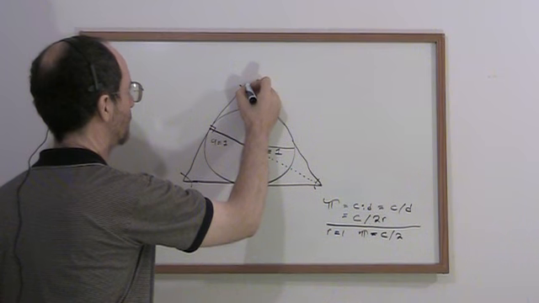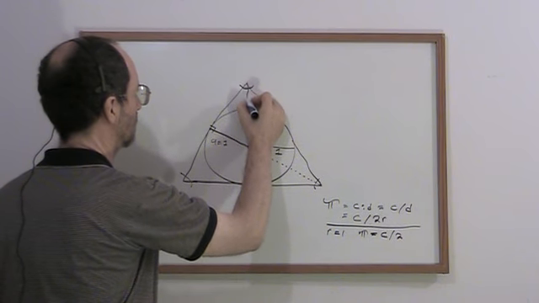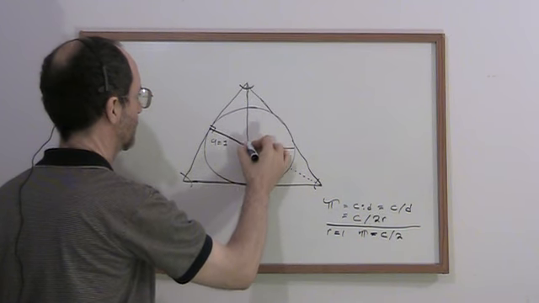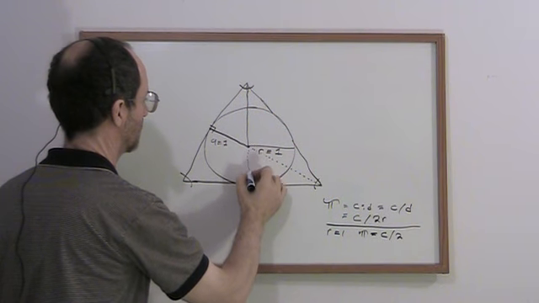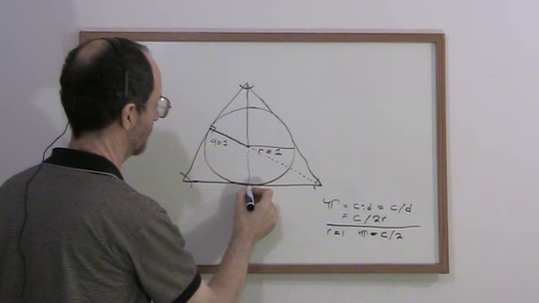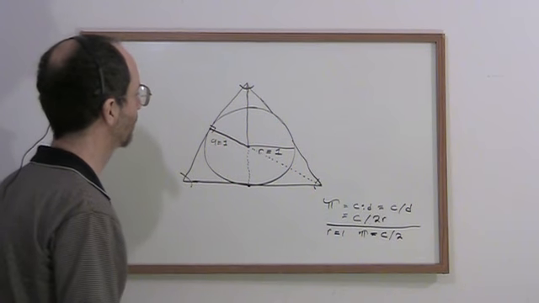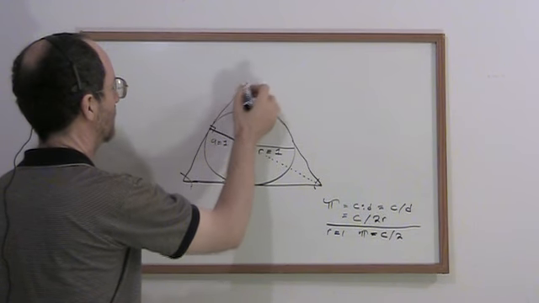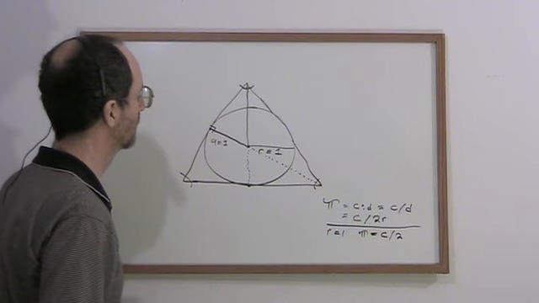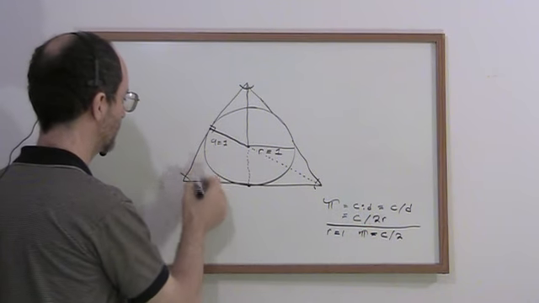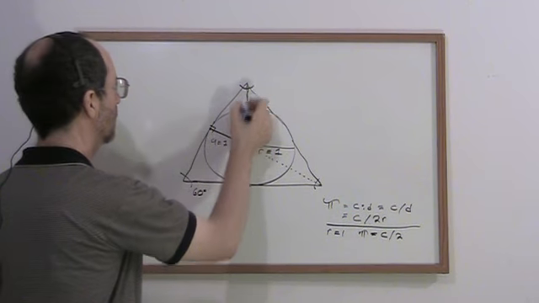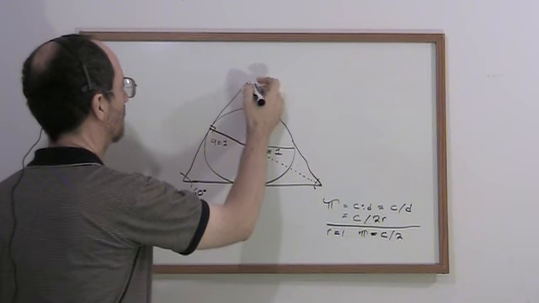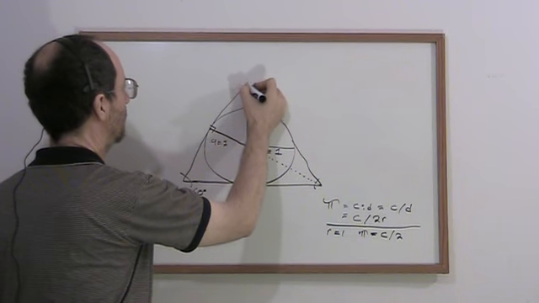Now if we draw another line similar to the first, from the point to the circle, to the center of the circle, again to the middle of the other side, we know that this line divides this angle exactly in half. So if our full angle is 60 degrees, our half angle here will be 30 degrees.